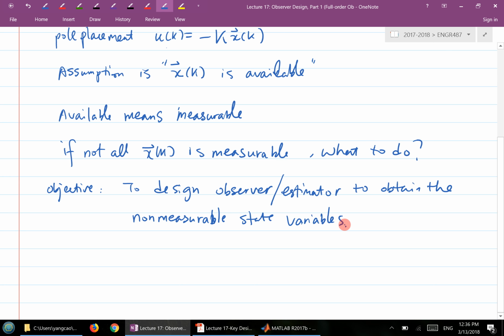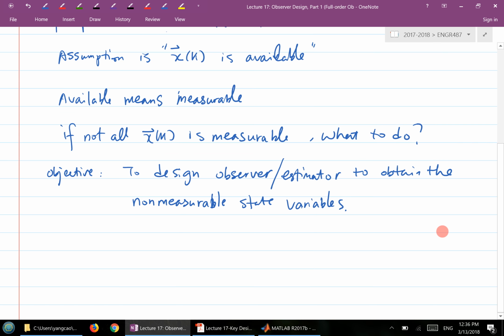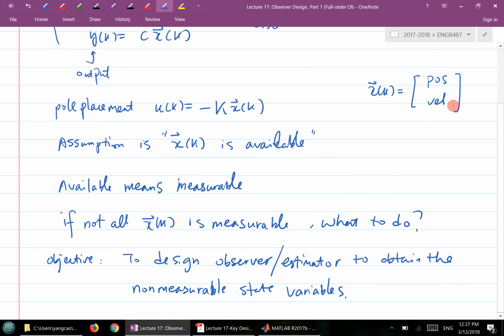Somehow, if we can design an estimator or observer to give us the estimated quantity for the non-measurable ones. Let's say you have a position and a velocity. You have a sensor measuring position, but you don't have a sensor directly measuring the velocity. Can we come up with an observer, designed based on the available measurements, that estimates this unmeasurable state variable, the velocity?